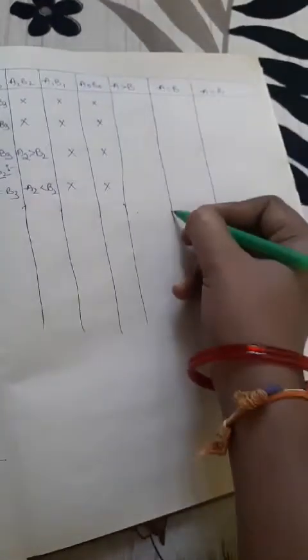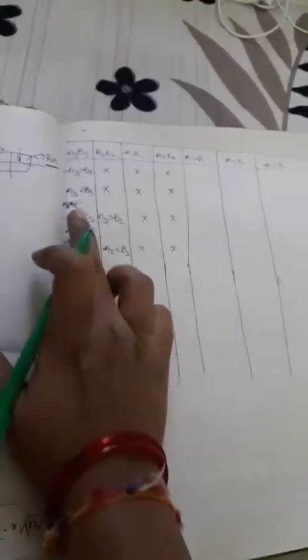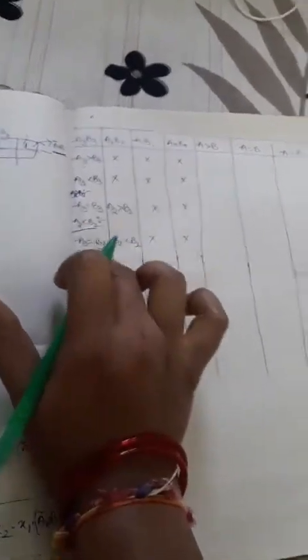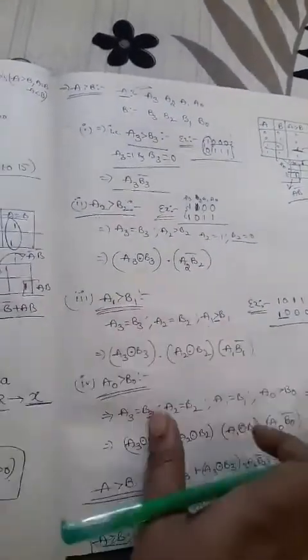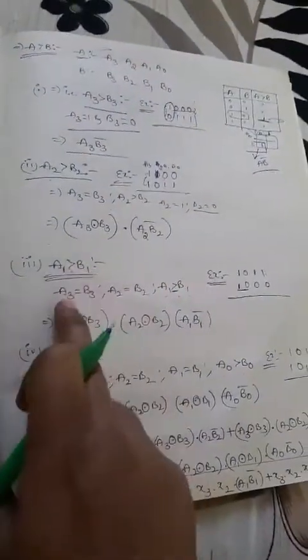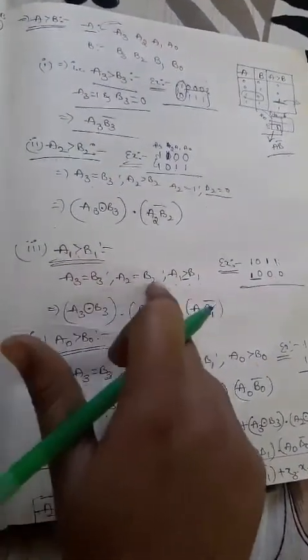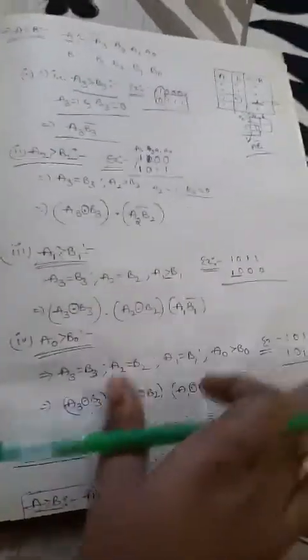Like this way we need to write the third case. The second case is completed, now coming to the greater than for the third case. The third case is nothing but A1 greater than B1. For this, which rule do we need to follow? For greater than, A3 is equal to B3, A2 is equal to B2 and A1 is greater than B1.